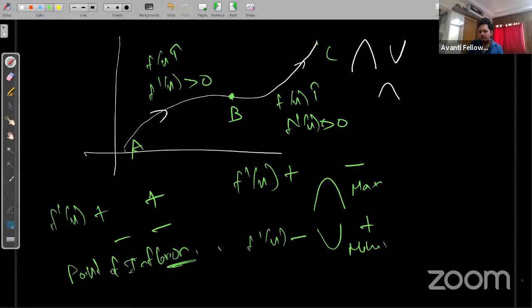Everyone understanding or not? What about f of b? F of b is a constant. Now f dash of x, you can just say it is 0. Okay, if it is a constant curve, Suraj, then you can say the derivative will be 0. Understood or not, Suraj? But unless and until he has given that it is a constant, it is parallel, you can't say it.